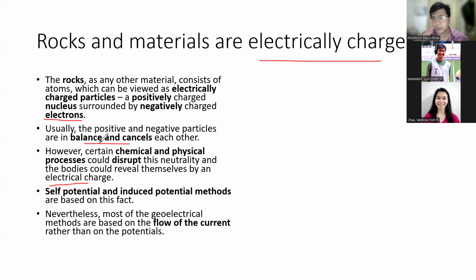The other electrical methods like self-potential and induced polarization are based on this principle. However, DC resistivity, our main focus for this evening, is simply based on the flow of current, rather than the potentials.